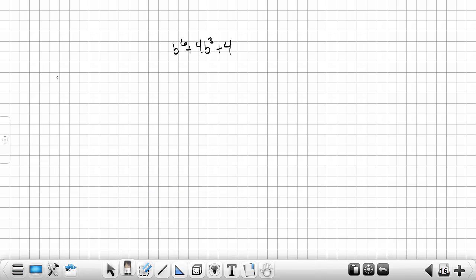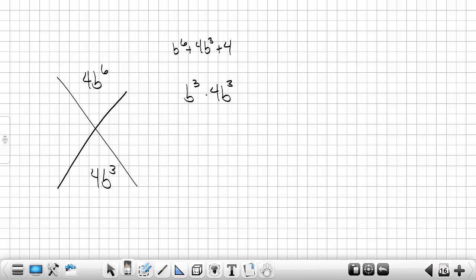We could sit there and say the top is 4b to the 6th, the bottom is 4b cubed. What multiplies to 4b to the 6th? B cubed times 4b cubed, or 2b cubed times 2b cubed.